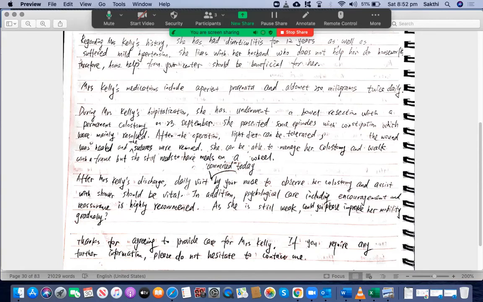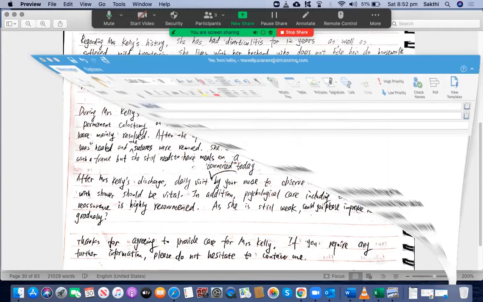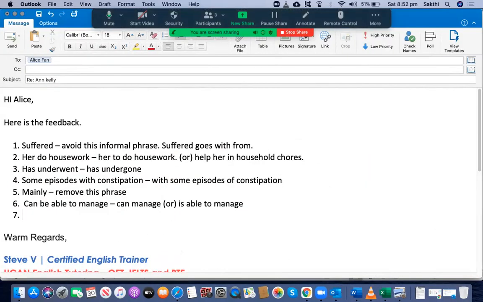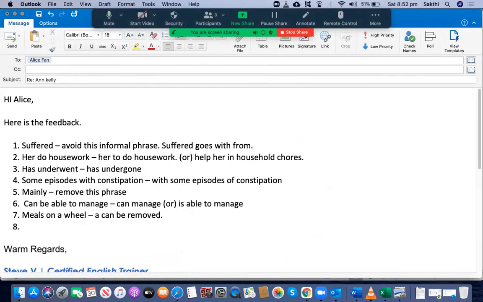Then see, she still needs to have meals on a wheel. It's meals on wheels, isn't it? You don't need to use "a" before wheel. Meals on wheels, that's it. So remove the "a".